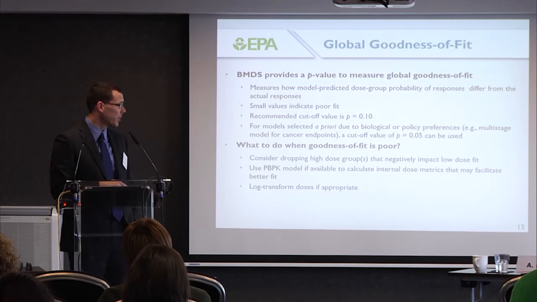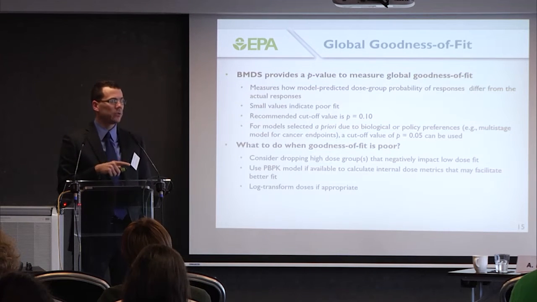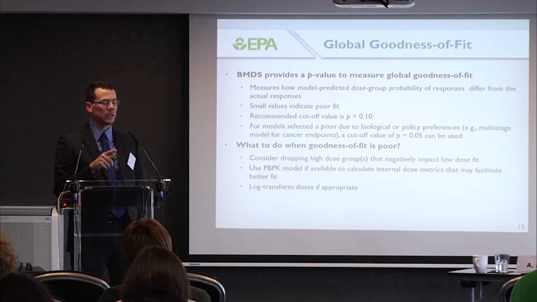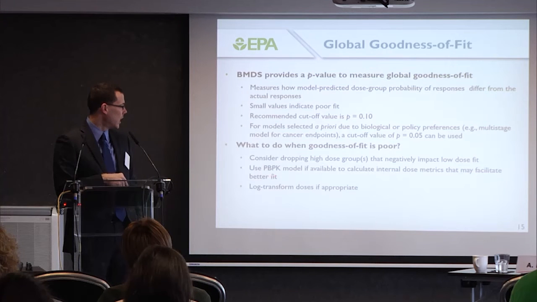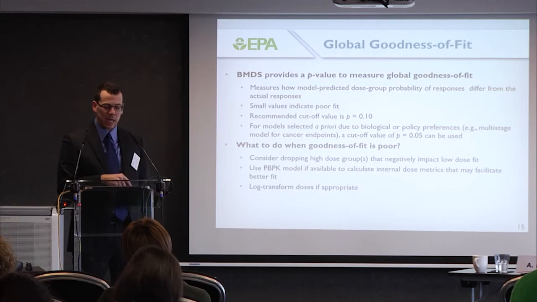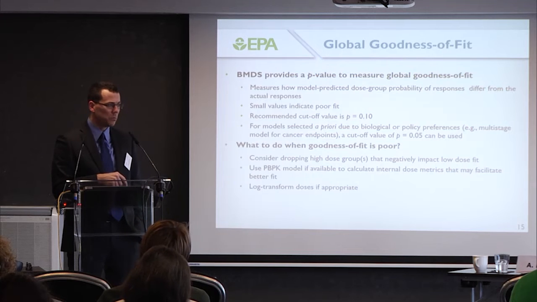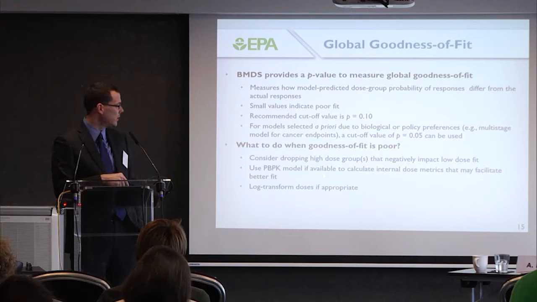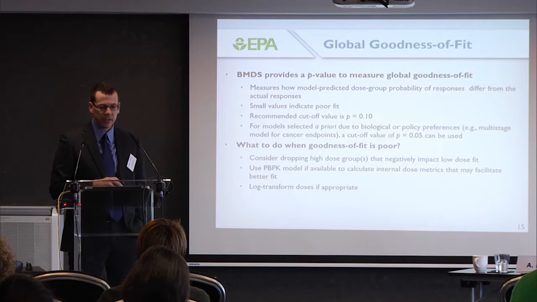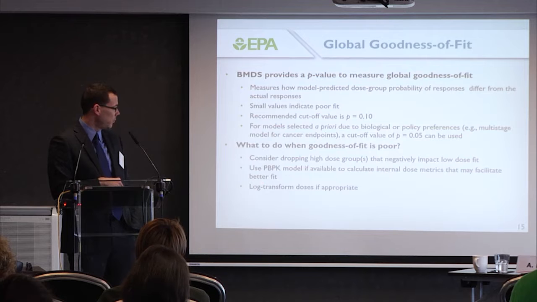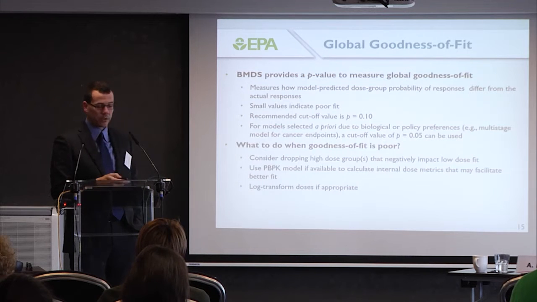You can consider dropping the high dose if it appears that the high dose is negatively impacting the low dose fit. If you have a PBPK model available, you might consider using it. Oftentimes, the use of internal dose metrics will linearize dose response and facilitate better fit. And you might consider log transforming the doses.